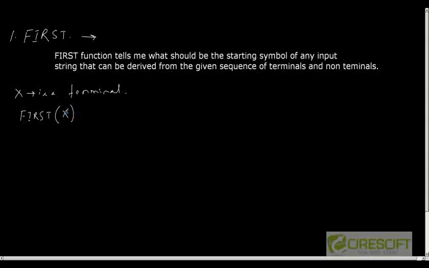Since it is a terminal, what the function tells me is what should be the starting symbol of any input string that can be derived by this X. It can only derive a single input string, that is X. Understood?